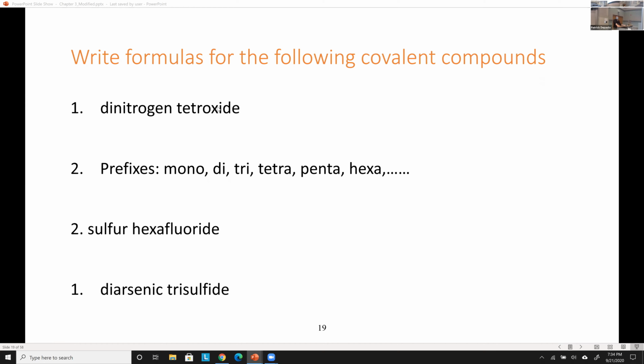What's the formula? Dinitrogen. It would be 2 nitrogen, 5 oxygen. Not 5. Tetra, the first one, 4 oxygen. Yes, 4 oxygens. Good, good. N2O4, exactly. Good. What about sulfur hexafluoride?